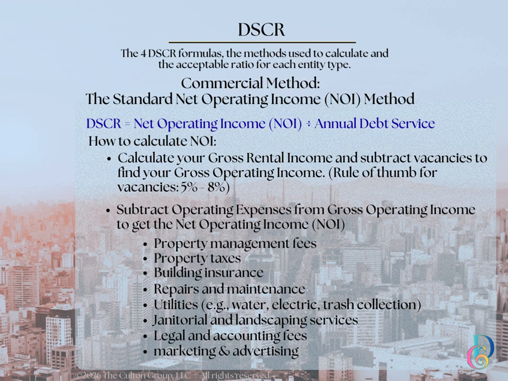In order to get started with this, we need to calculate the NOI. And we do that by calculating your gross rental income, subtracting the vacancy and credit losses to get the effective gross income.